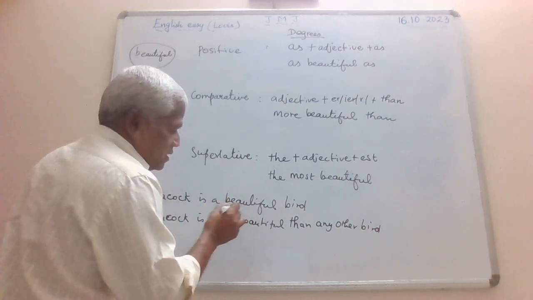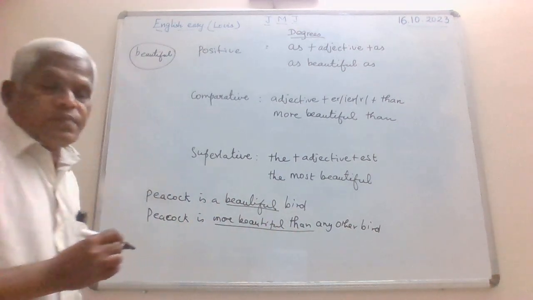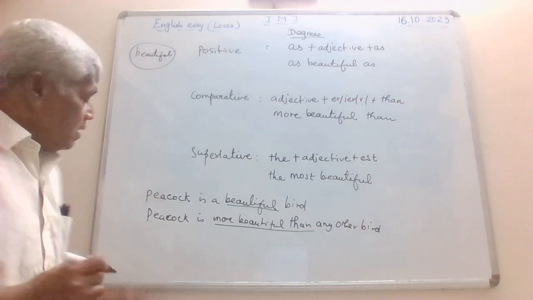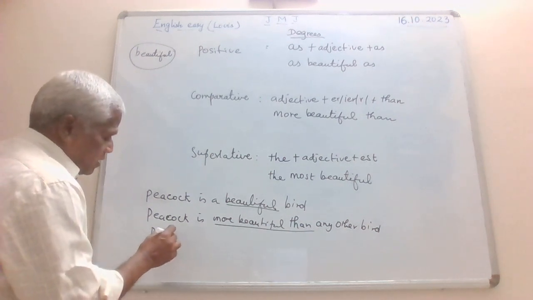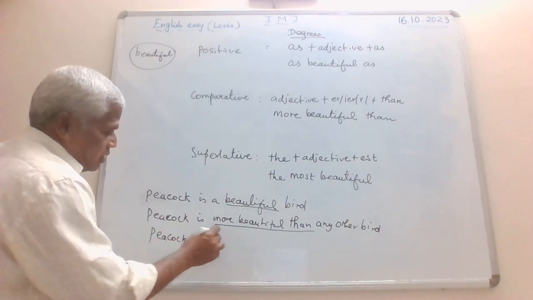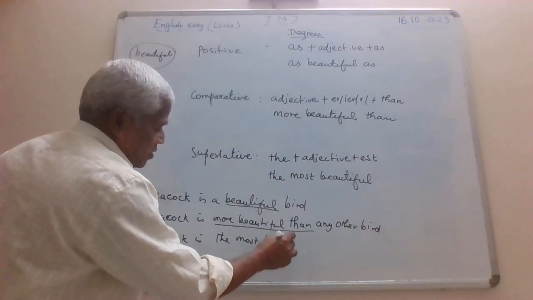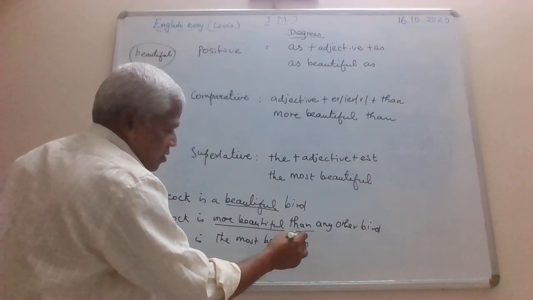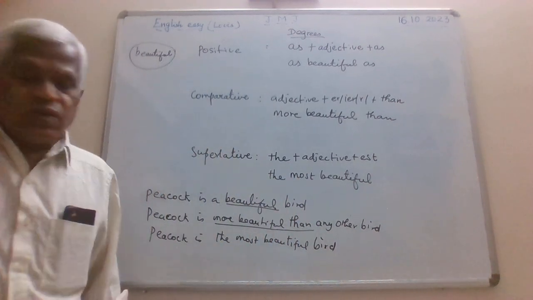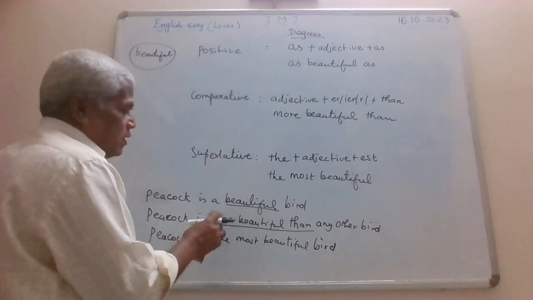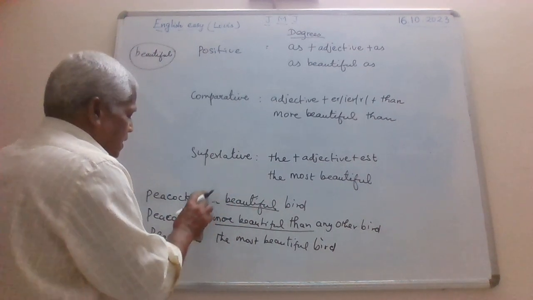Comparative here. And then for superlative, we may say peacock is the most beautiful bird. Now since we are worrying about the adjectives here, you may even use as. You may even use as. You can compare.